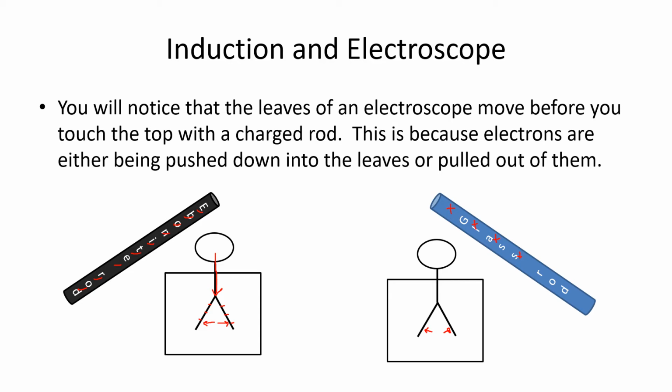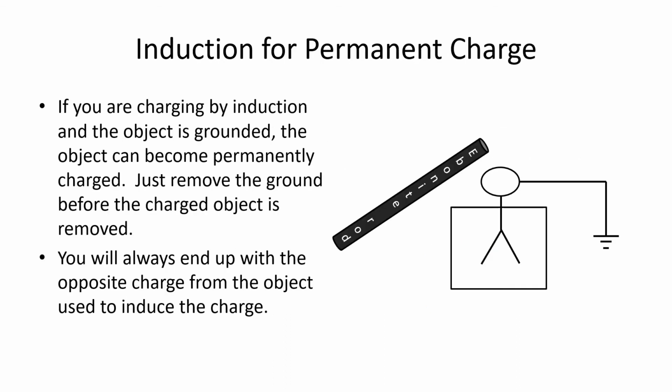With a positively charged rod, that's going to attract electrons up into the top here. And if you attract electrons up, then what's left behind down here is going to be positive, and you'll have that repulsion again.